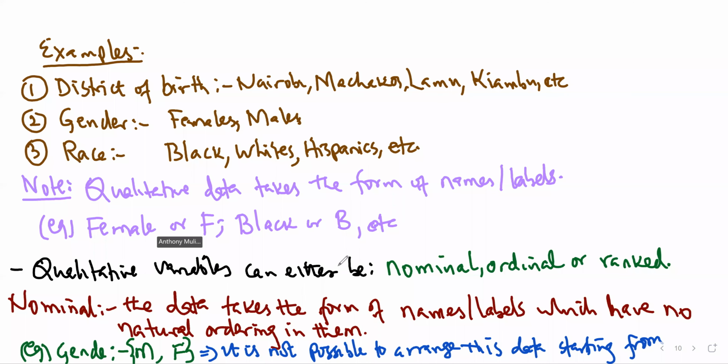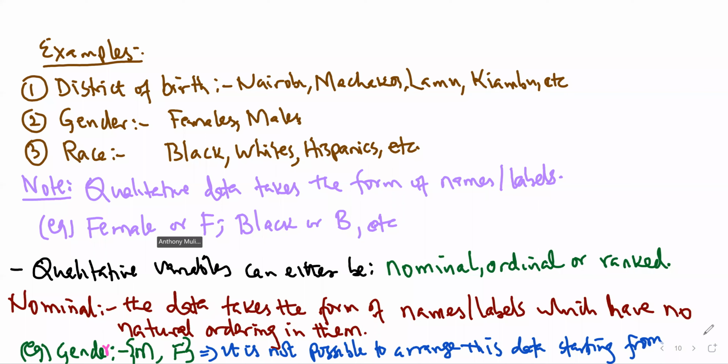When we talk about the nominal variables, these are variables whose data takes the form of names or labels, and these names have no natural ordering in them. An example is gender. You notice that it is not possible for you to arrange gender from the smallest gender to the largest gender because there's nothing like that.